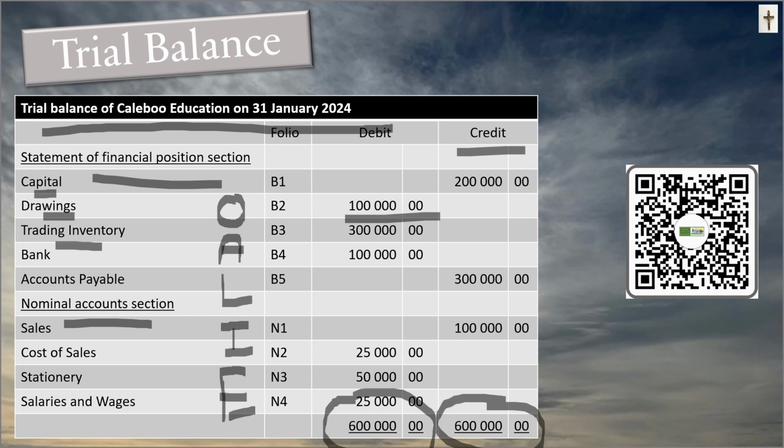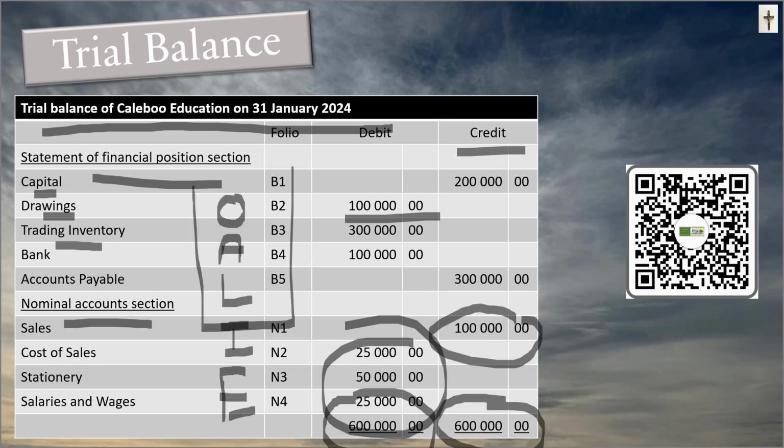So if you wanted to calculate your profit, you could say income less expenses. You can calculate the owner's worth by using the accounting equation. The owner is equal to his assets minus his liabilities.